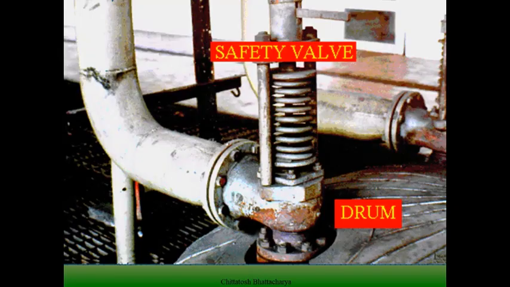Safety valves are provided in the boiler in different locations like the drum, superheater line and reheater line. In the drum, we have the highest pressure set safety valve, then at the superheater outlet line, final superheater, we have another set of safety valves, and we have another set of safety valves in the reheater inlet line.